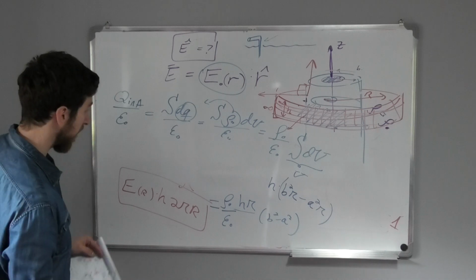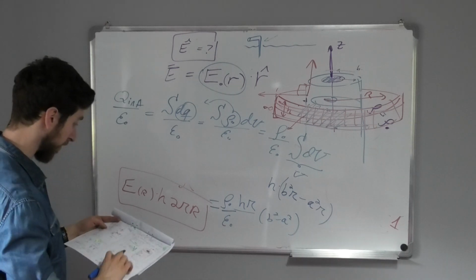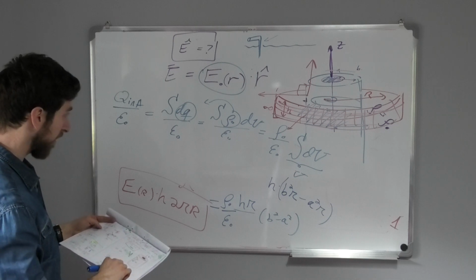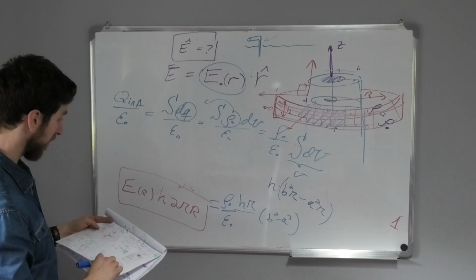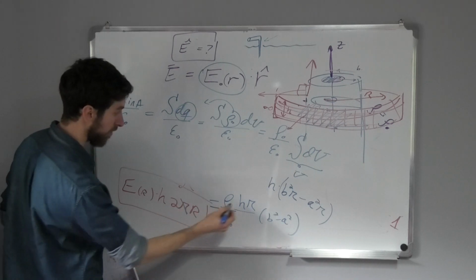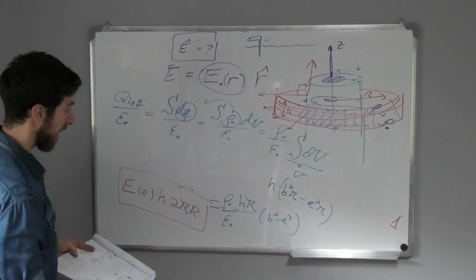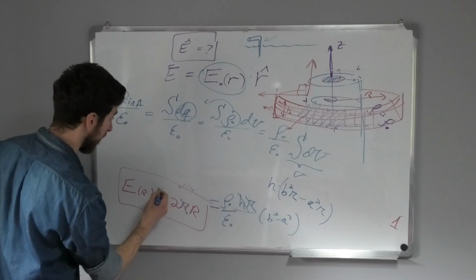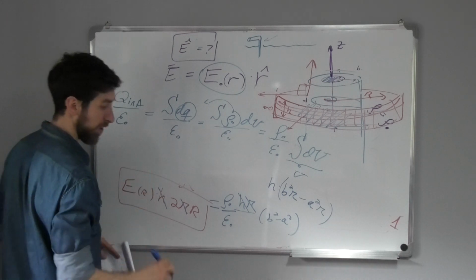So when we compare them, what can cancel out? I can see that pi cancels out, right? And h cancels out. Perfect. So what did we get?